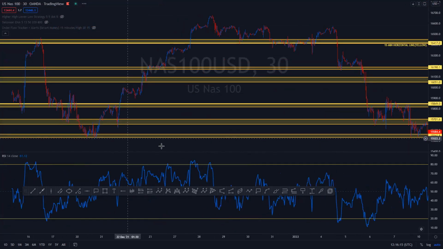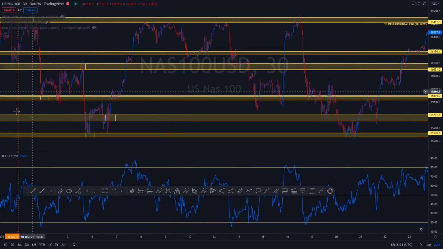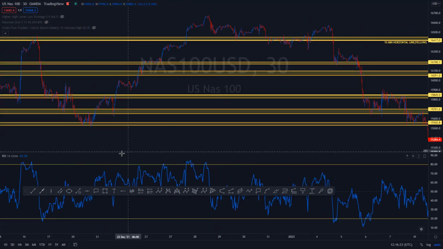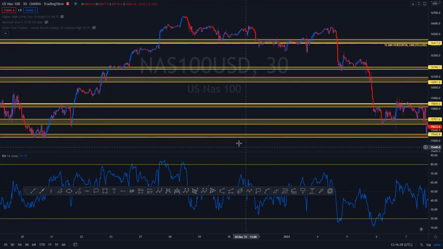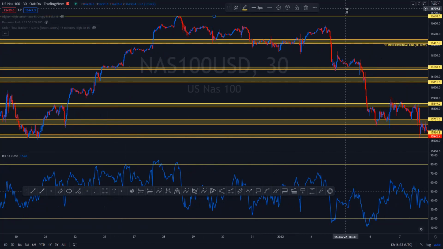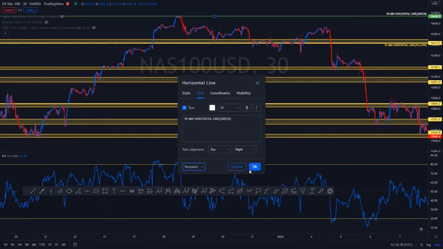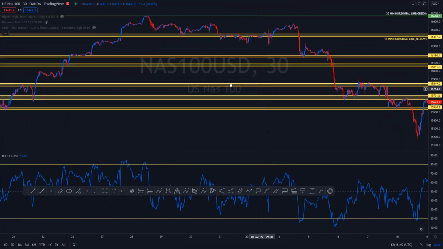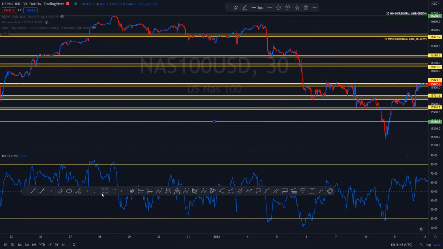All right, so this is our 15-minute we marked up here. Now let's go ahead and mark up the 30 minutes, so I'm going to mark this up here. First with the 30-minute, we make that green, so we put that there. Probably put one here, one down here.